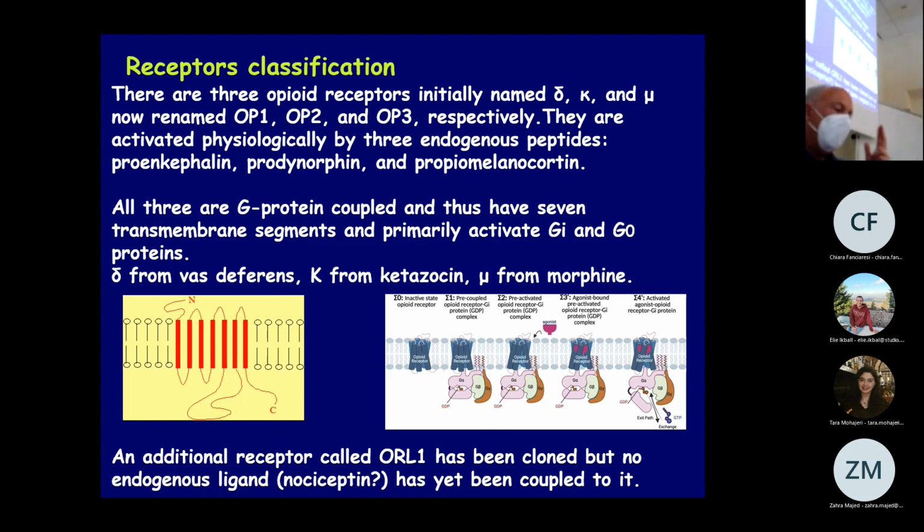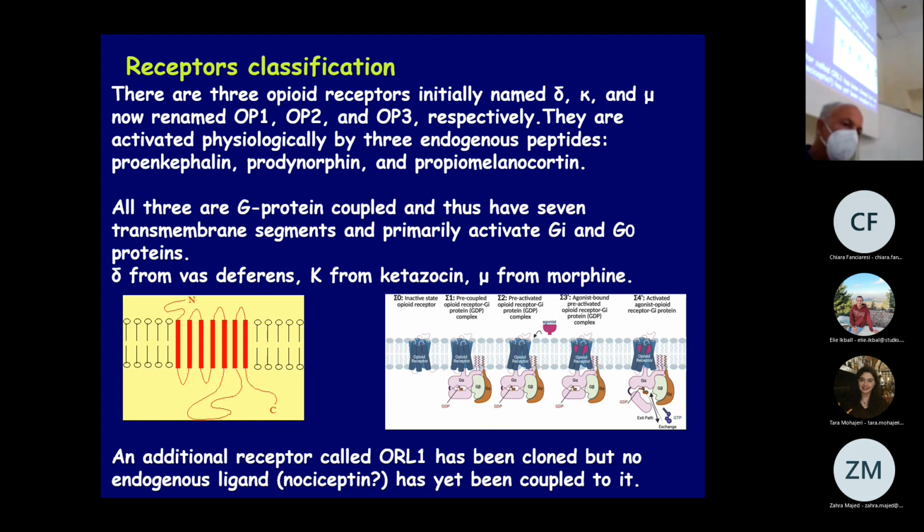So the companies, the scientists, better, tried to distinguish the different receptor subtypes because they believed that a particular subtype was responsible for the side effects and another subtype was responsible for the painkiller activity.